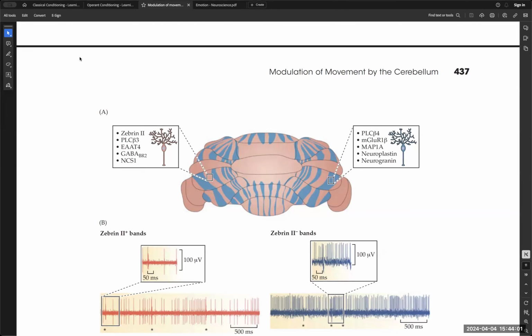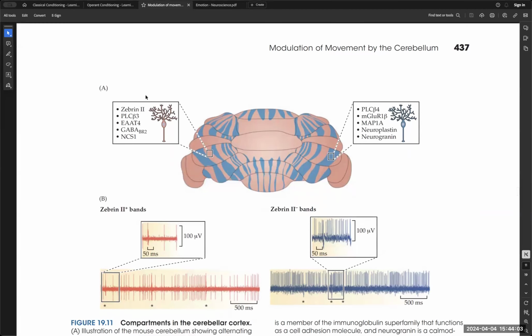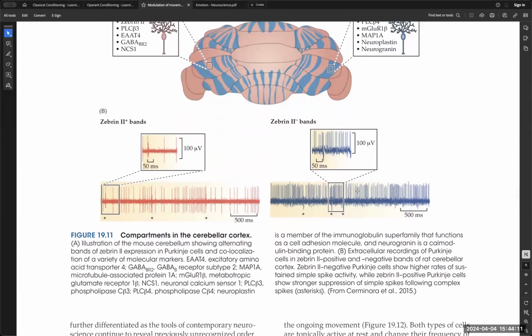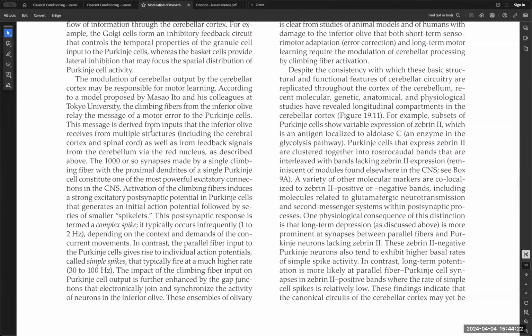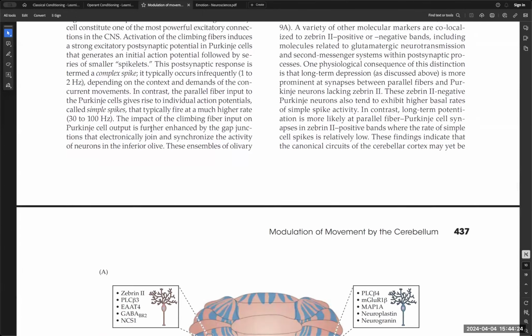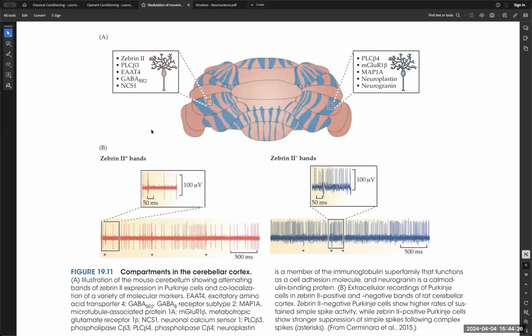Basically, as you can see, there are bands of cells that either have that molecule or don't. One point I missed, which I didn't really talk about, is the difference between the granule cell activation of the Purkinje cell and the climbing fiber activation of the Purkinje cell.